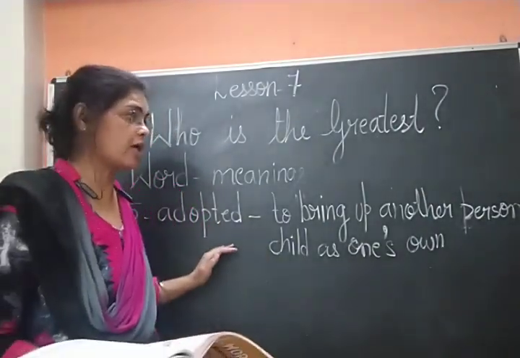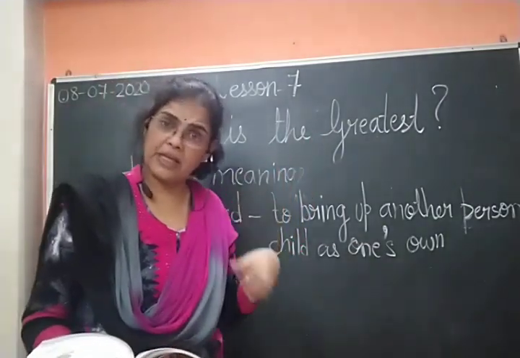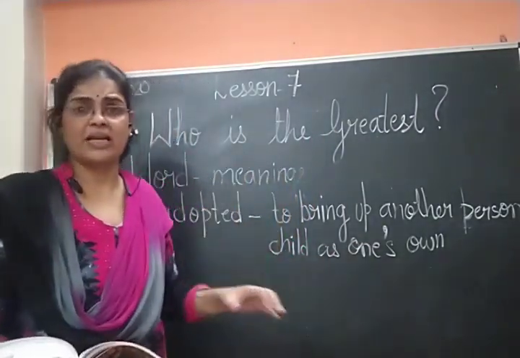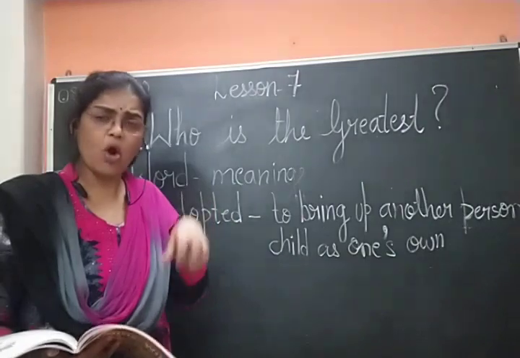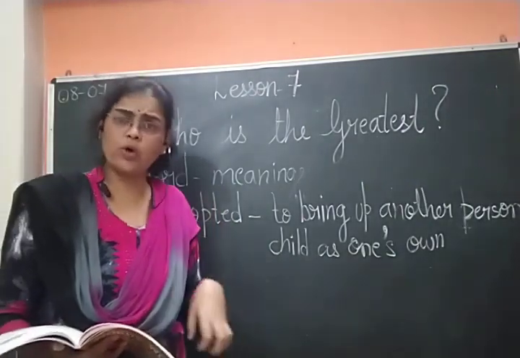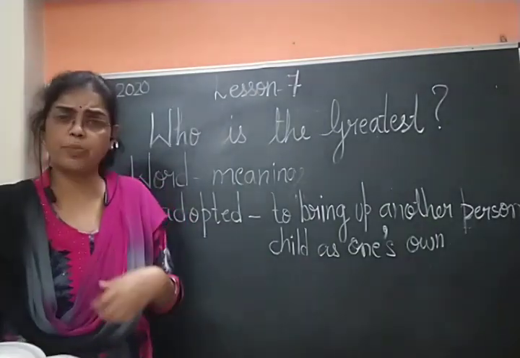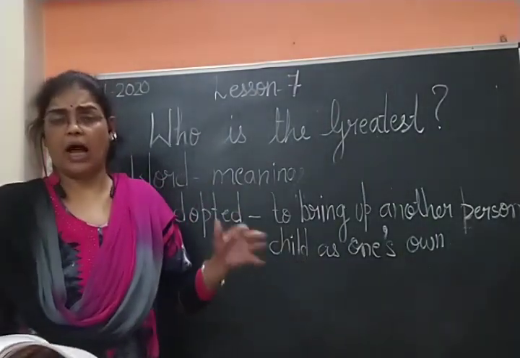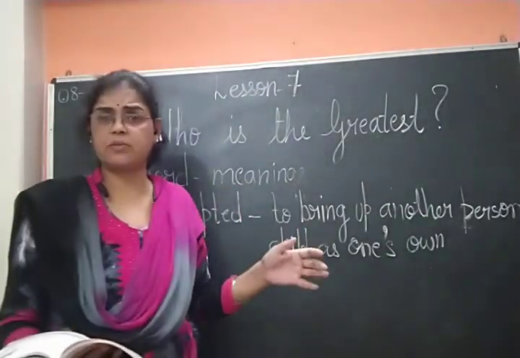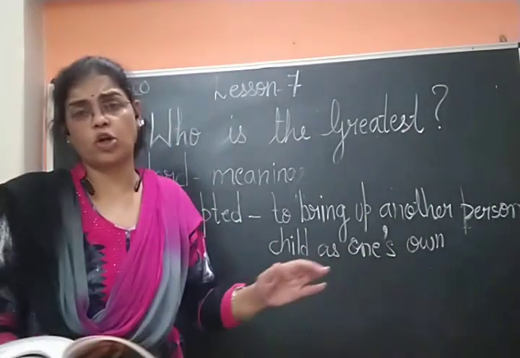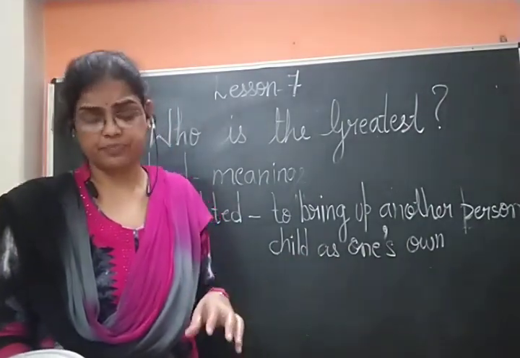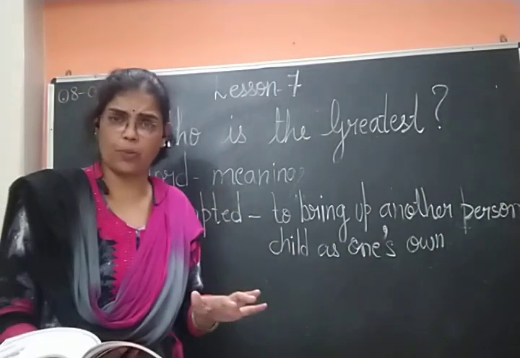And adopt karna means bringing somebody else's child and treating him or her like their own children, giving them the name. And the child also at times doesn't know that they are not my real parents. So that is known as adopted.